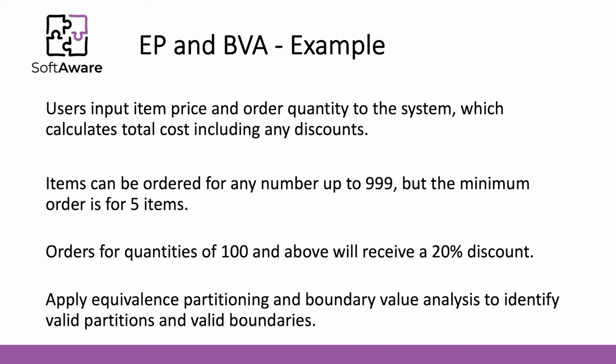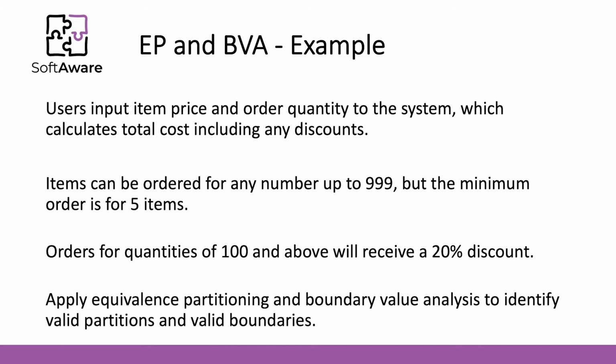So the system will accept and consider valid any input from 0 up to 999, because at least you should have an order of 5 items before an order can be conducted. So from 0 to 5, you have a valid partition, but the system will let you know that you need at least 5 items before conducting an order.